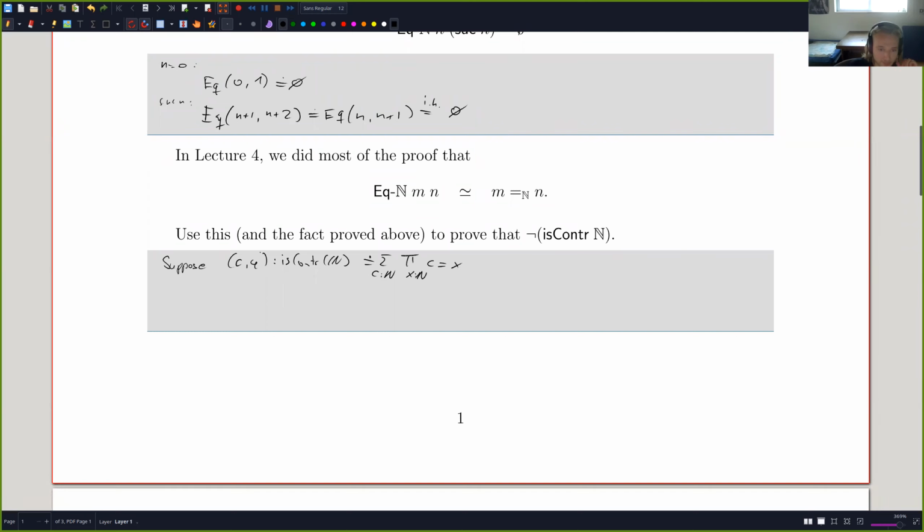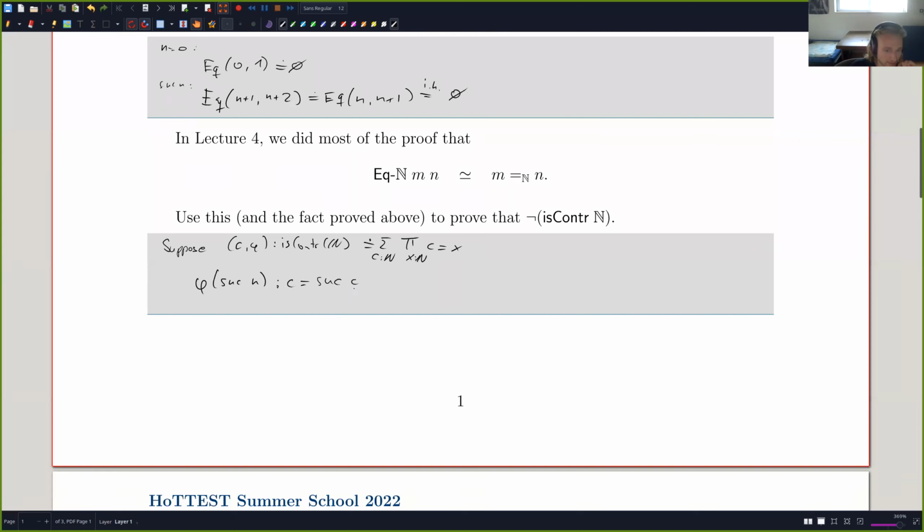Given this type, we can simply apply phi to the successor of C. And what is phi at the successor of C? It's a proof that C is equal to the successor of C. We have an implication here, actually an equivalence, but that's not needed, a function to the equality on the natural numbers between C and suc C, and we just proved above that this is equal to the empty type, and this equality also gives us a function.